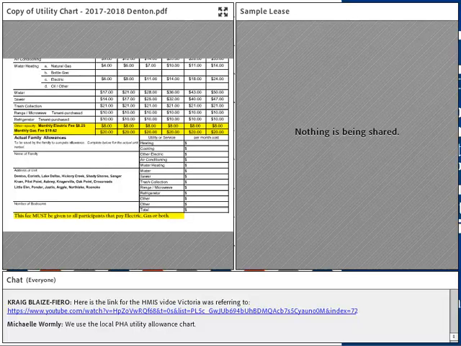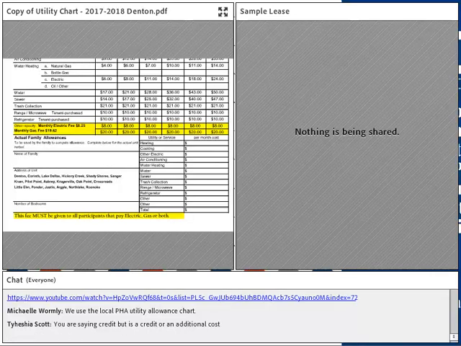Does all that make sense so far? I saw Taisha was typing in the box. Are we all together right now? Right, yeah, that's fair.